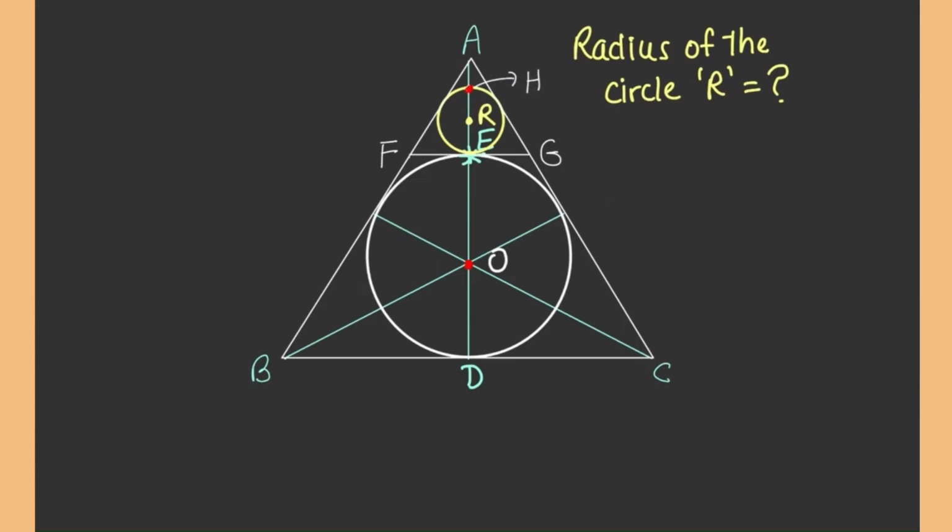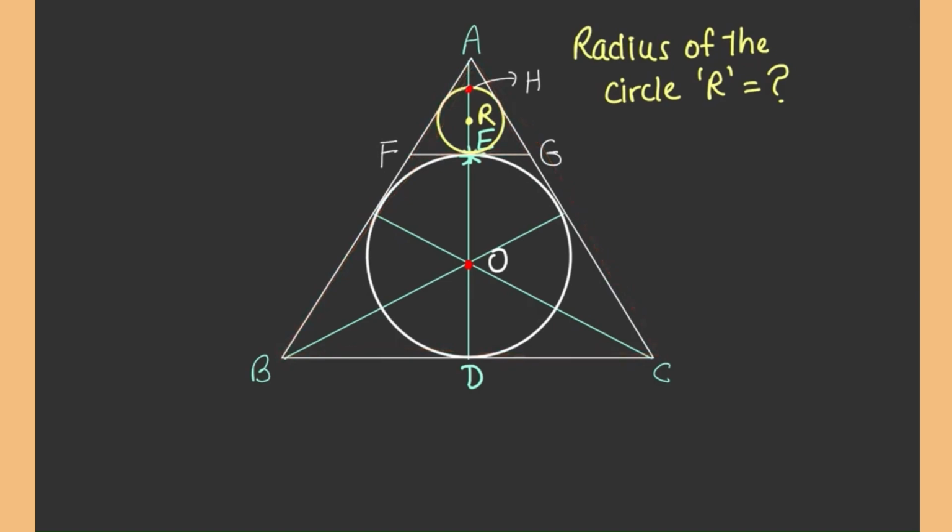Now, if you look at the triangle AFG, you will notice that this angle AFG is the same as the angle ABC. Also, the angle AGF is the same as the angle ACB. And this angle A is shared by both triangles AFG and ABC.